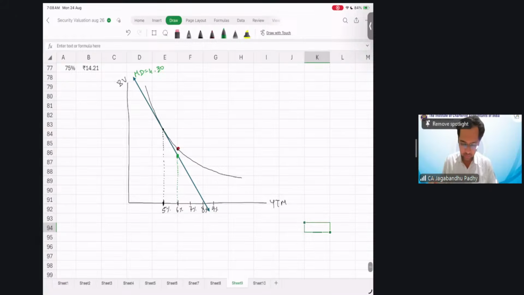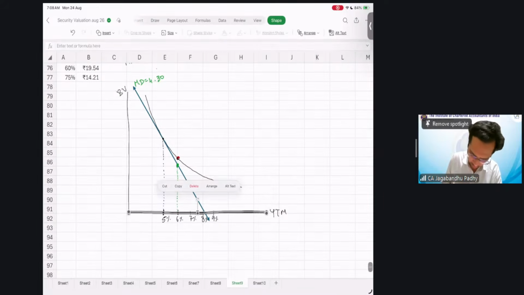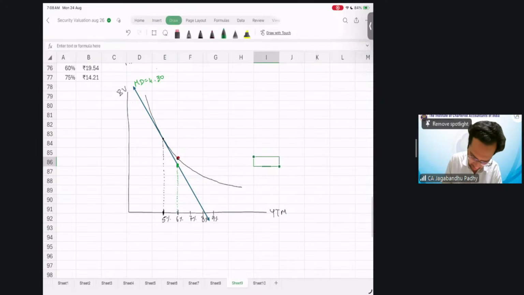Can we see that there is some sort of error coming in between the actual bond value and the estimated bond value, which is over here? You can see this area; there's a gap over here.